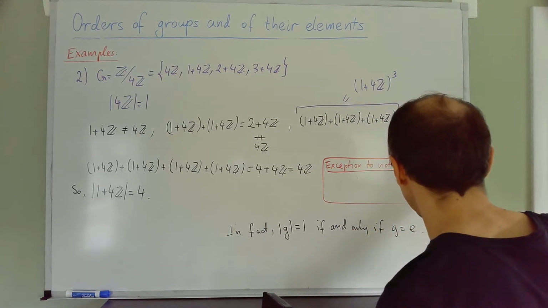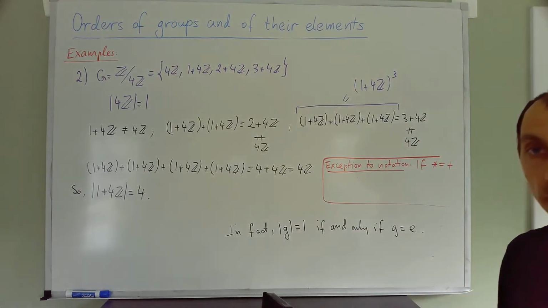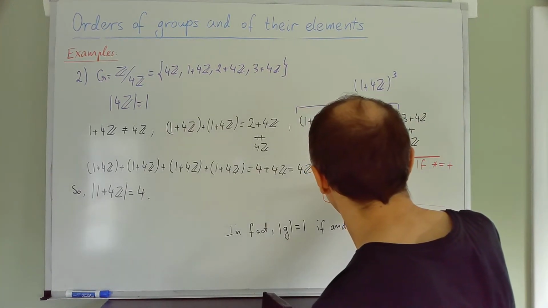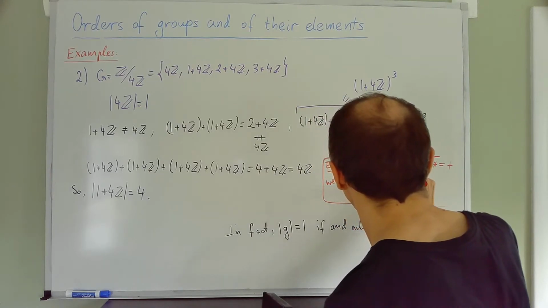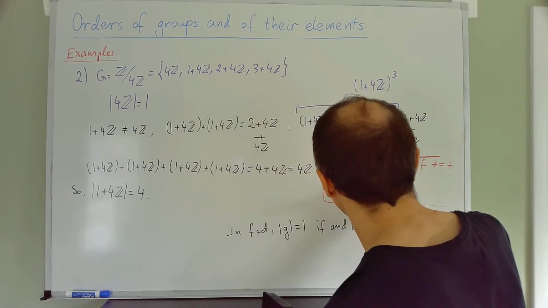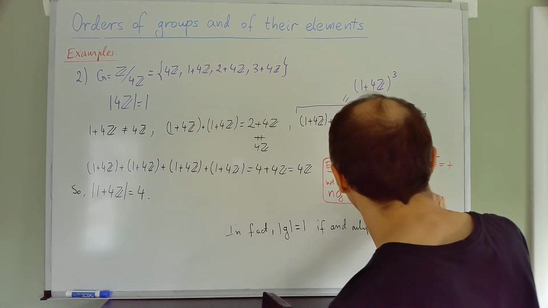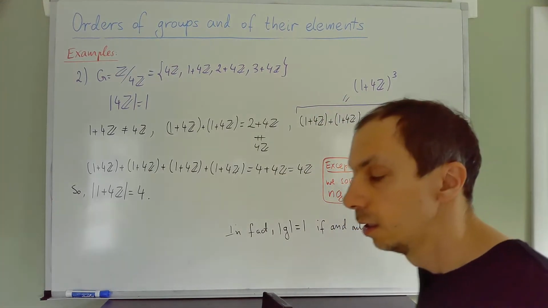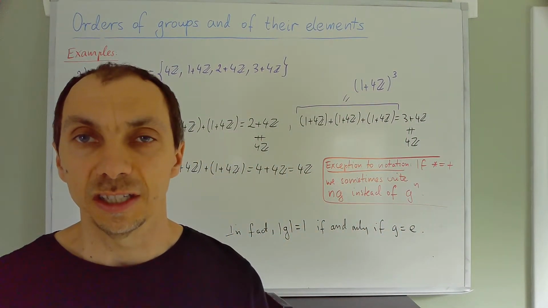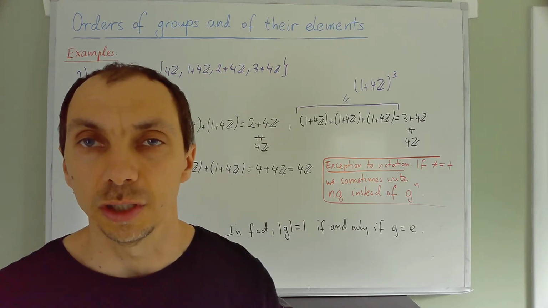If star is addition, we sometimes write ng instead of g to the n, because that kind of makes more sense. It doesn't hurt the eyes so much if you do it this way.